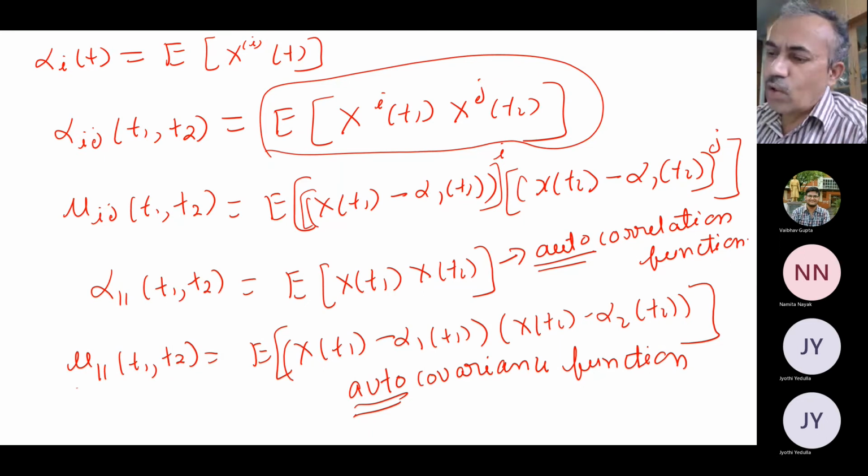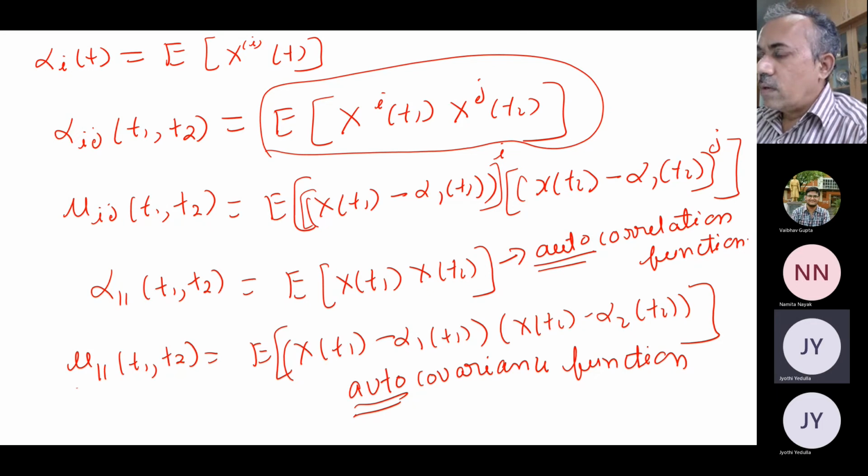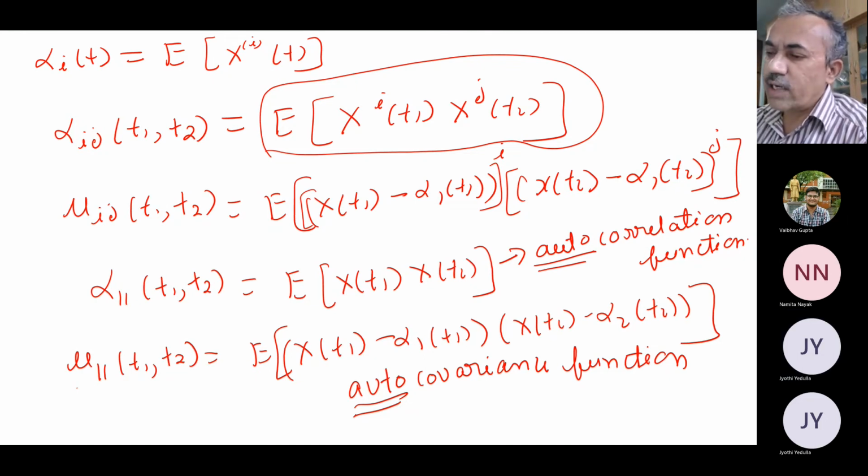Correlation we have discussed when we had 2 random variables. So correlation is overlap between the variables. That was between 2 different random variables. So correlation between Young's modulus and moment of inertia, like that we used to find out.